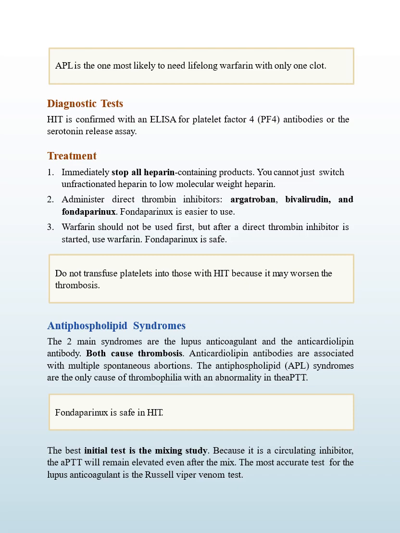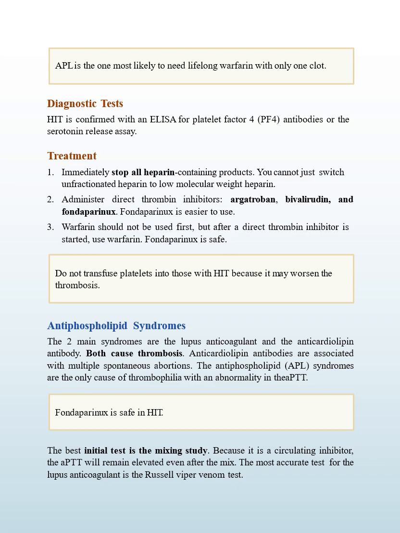APL is the most likely to need lifelong warfarin with even only one clot. And this is the clinical tip. The diagnostic tests: HIT is confirmed by ELISA for platelet factor 4, PF4 antibodies, or serotonin release assay. The treatment, number 1, we need to stop all the heparin-containing products.